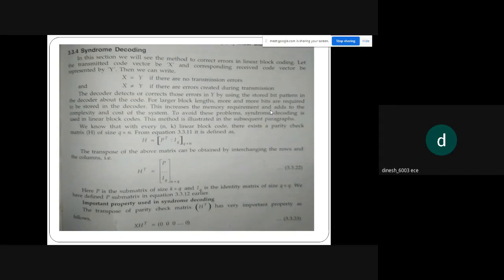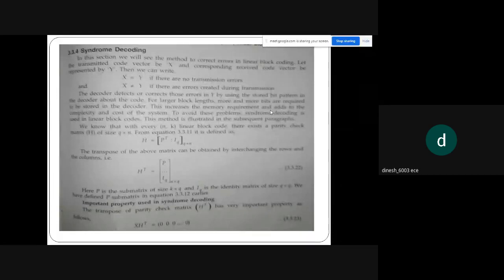The procedure is that we first need to find the H matrix. The H matrix is obtained from the P submatrix transpose followed by the identity matrix. This H matrix can be rewritten in the form of H transpose, which will be the transpose of the H matrix obtained from P transpose.